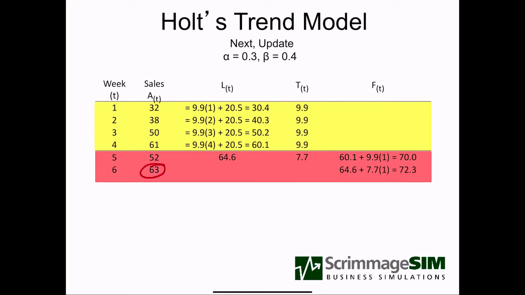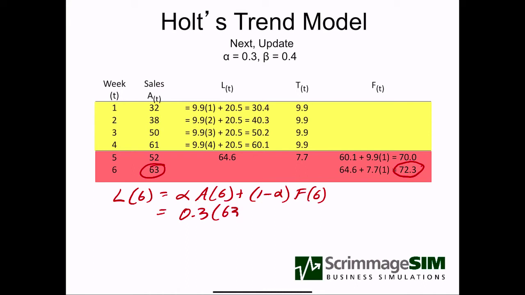When we find out that sales in week 6 were 63 compared to 72.3 for what we forecast, we again need to make some adjustments. Using the Holts model formulas, the level in period 6 would be alpha times the actual value in period 6 plus 1 minus alpha times the forecast value in period 6, which is equal to 0.3 times 63 plus 0.7 times 72.3.